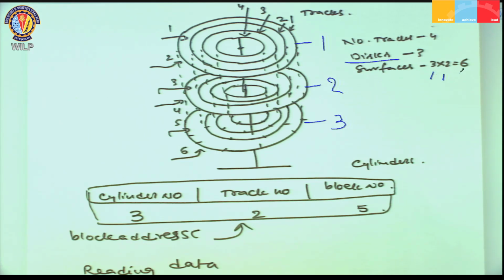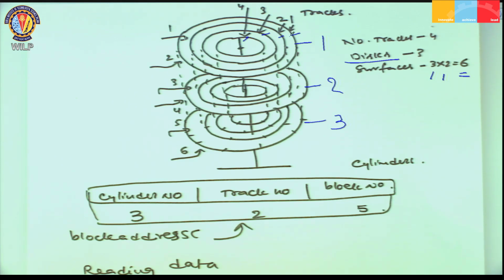So 3 into 2, total I have 6 surfaces. Let us assume that on each of these surfaces I have 4 tracks, track 1, track 2, track 3 and track 4. Of course, I have numbered these tracks starting from the edge or boundary of the disk surface, so the outermost track I am calling 1, and so on.